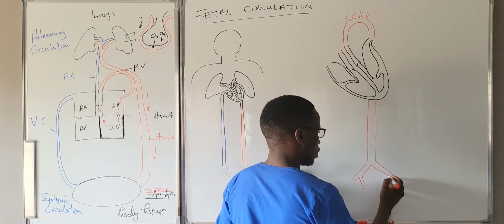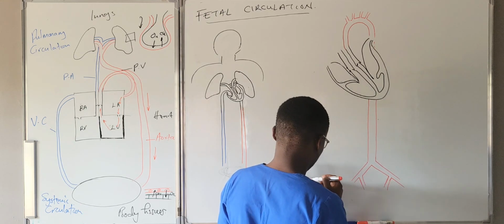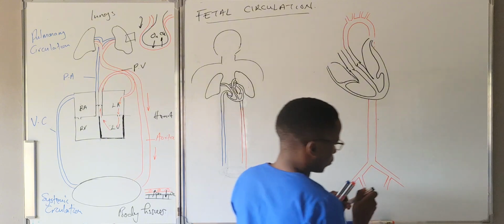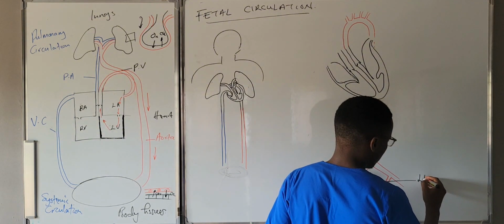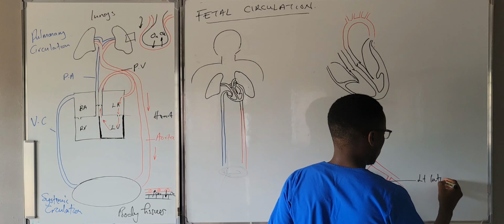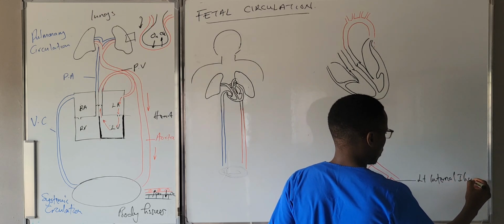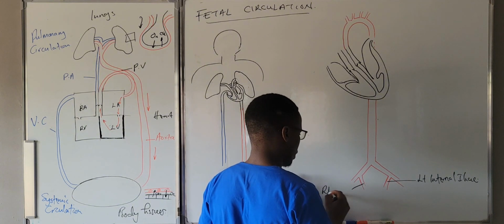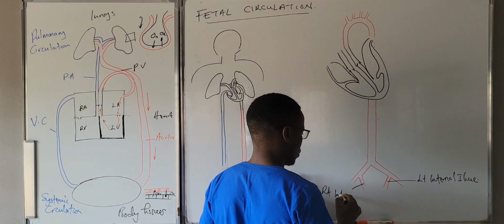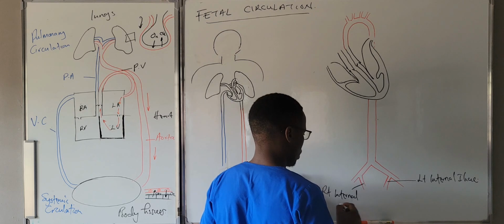So now, at this point, we have what is called the left internal iliac artery. And here we have the right internal iliac artery.